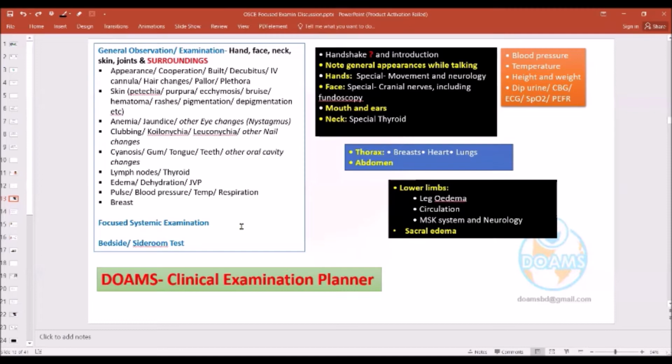Then the pallor. Pallor means anemia. Indirectly looking at the pallor, you will see the anemia as well, which is important. Please give me a few minutes so that I can explain each and every point, doctor. I am also hurried, but I like to stay here on this slide. Pallor. Is it important?